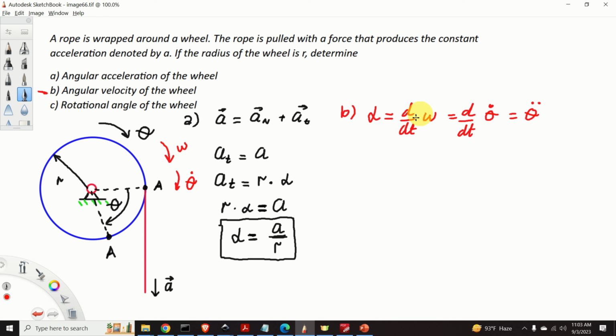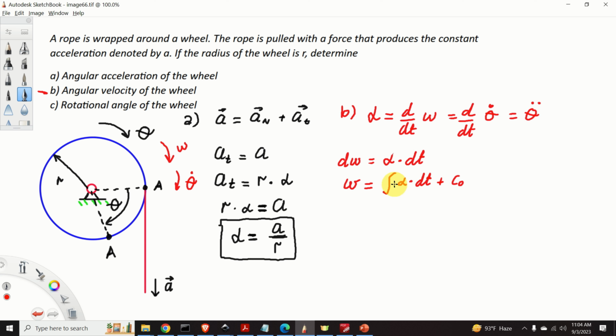To compute omega, we need to integrate this equation. Consequently, we obtain the following. d omega is alpha times dt. And from this equation, omega is the integral of alpha times dt plus some constant c0 that's determined from the initial condition.